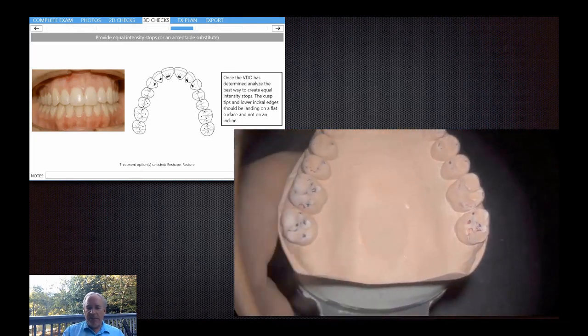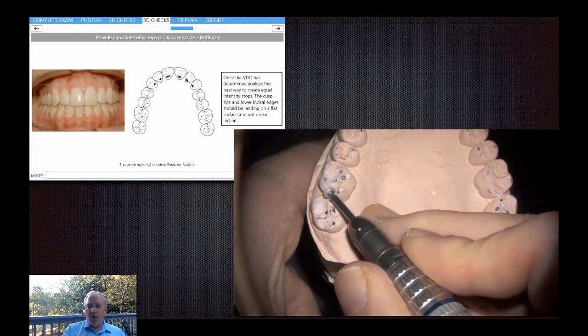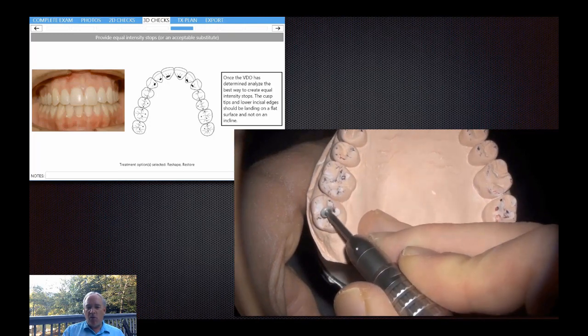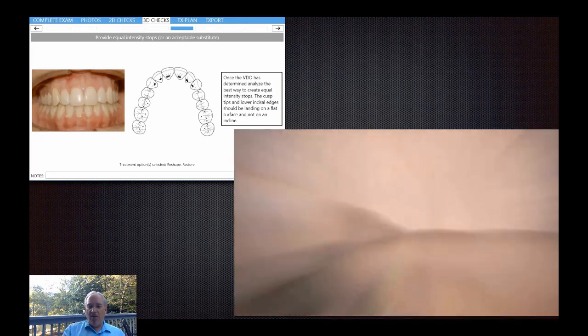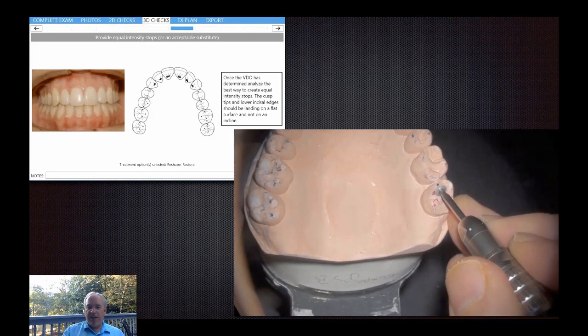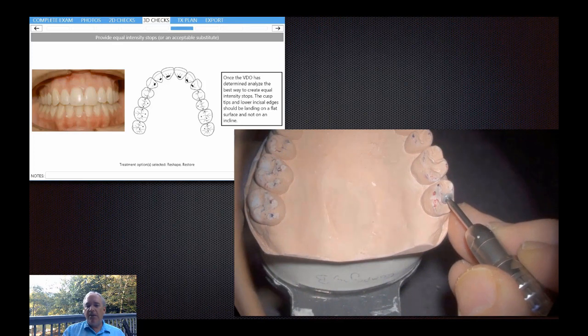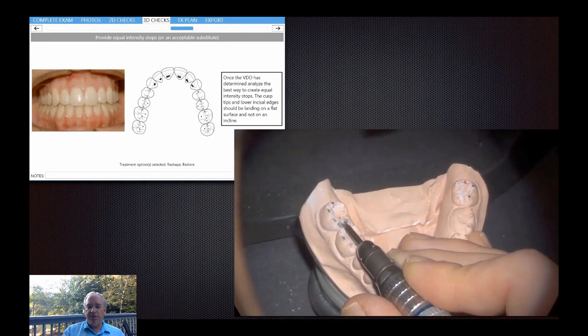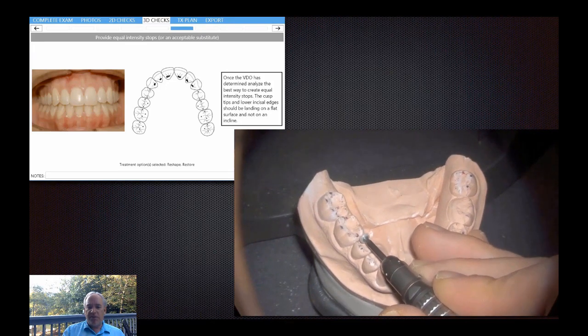I always leave behind what we call a remnant, which is basically a little bit of the mark where you want the contact to be. So we're taking away all the marks on the inclines, and we're going to leave behind a small mark either on a cusp tip, marginal ridge, or central fossa.